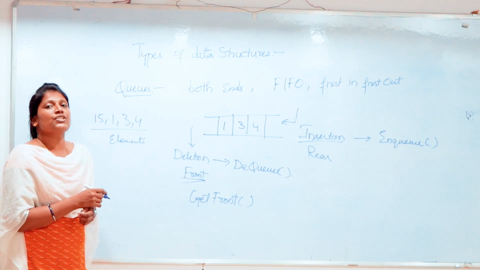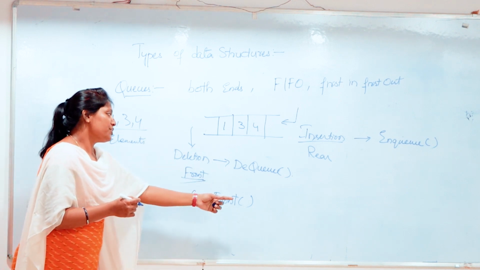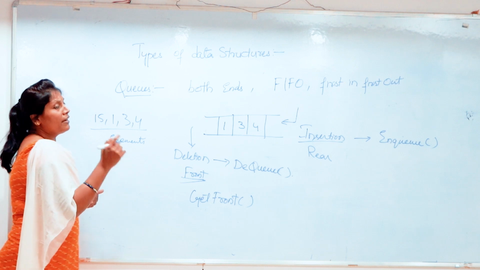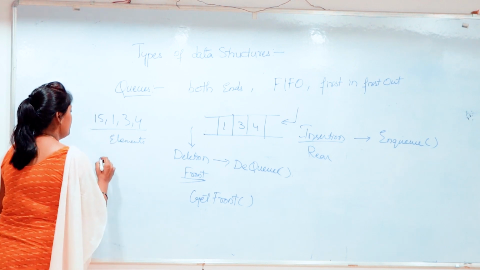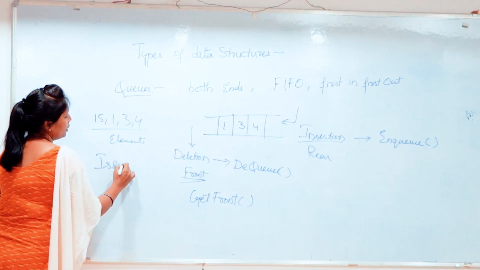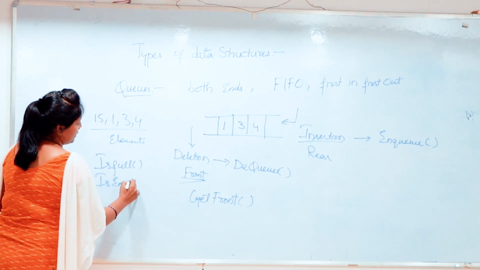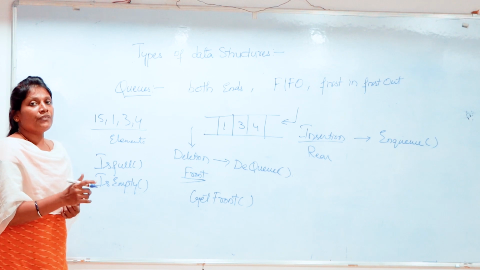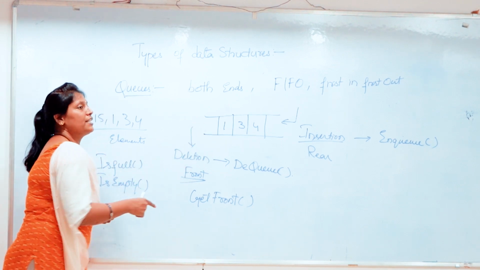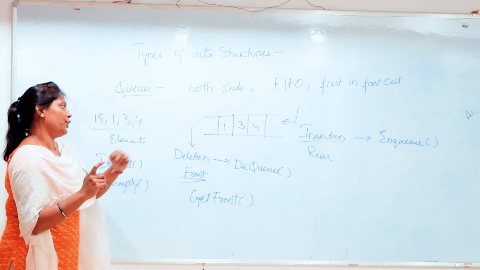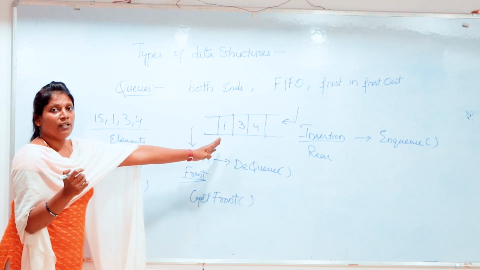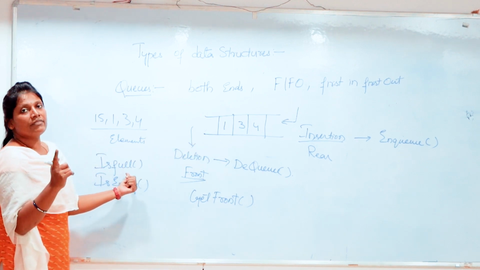Here also, while performing insertion, deletion and get front, we will be checking two conditions again: is full and is empty. These two conditions we check while performing insertion and deletion on our queue. While inserting an element, we check if the queue is full.